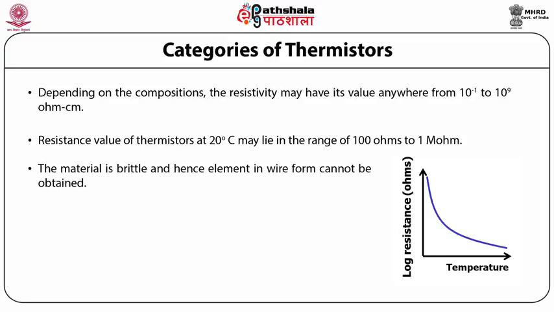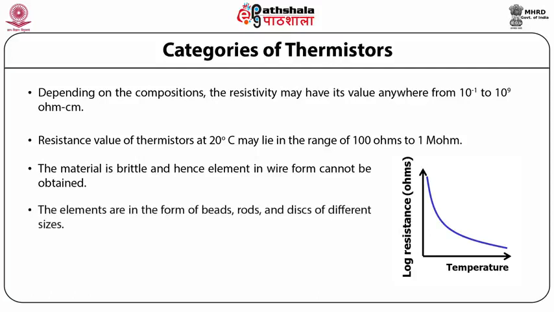This figure shows the variation of the log of resistance, in ohms, versus the temperature, and it shows a decreasing trend. Here the elements are in the form of beads, rods, and discs of different sizes.